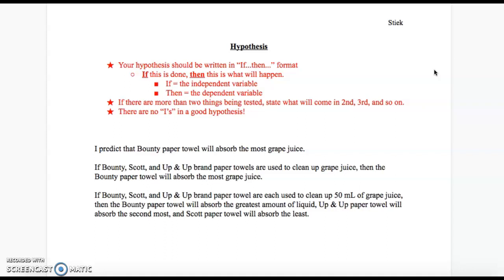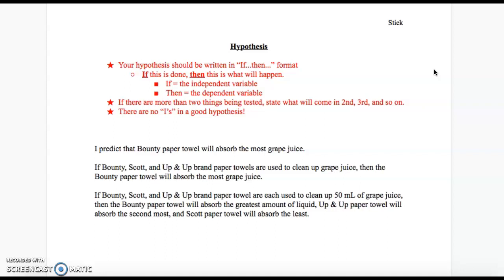That's the thing that you're going to be changing in a controlled way as you execute your experiment. It continues with a prediction of if this thing is changed, whatever that variable may be, then, using that word then, something is going to result, and that's the dependent variable. It is based on, or hinges on, whatever the thing that changed was.